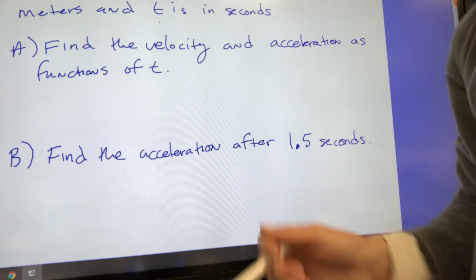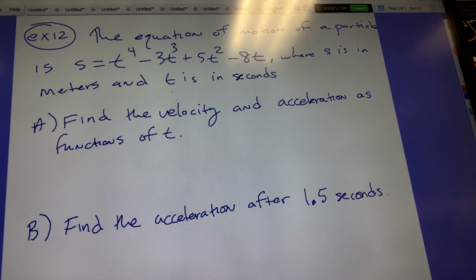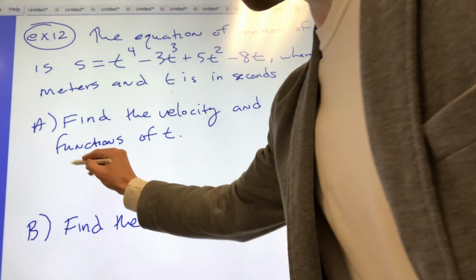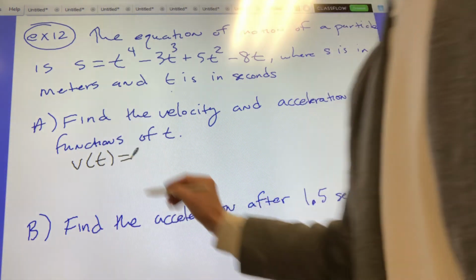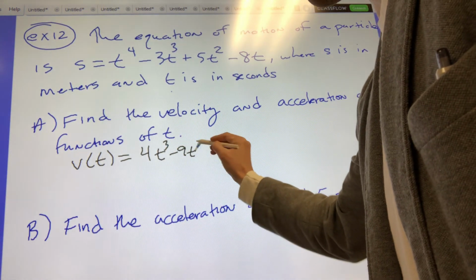Lastly, let's talk about velocity and acceleration, okay? So the equation of motion of a particle is given by that, where s is in meters and t is in seconds. Find the velocity and acceleration as functions of t. Well, velocity is the derivative of the position function, so take that position function and differentiate it.